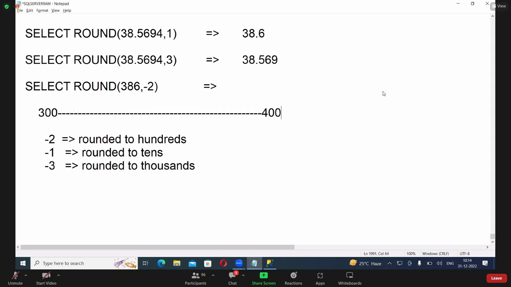In 300 to 400, what is the average? The average is 350. Is this value below average or above average? Above average. 386 is rounded to 400 because it is above average.